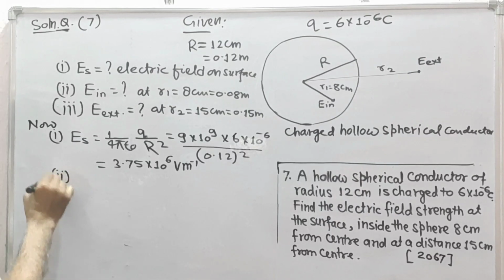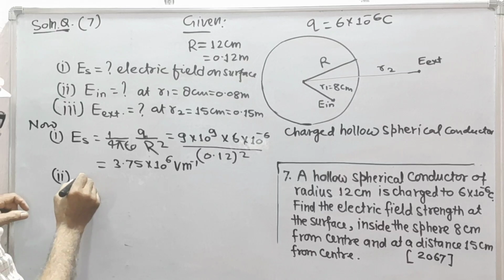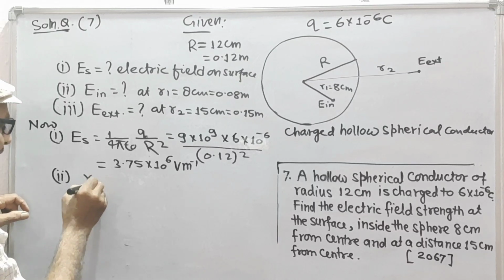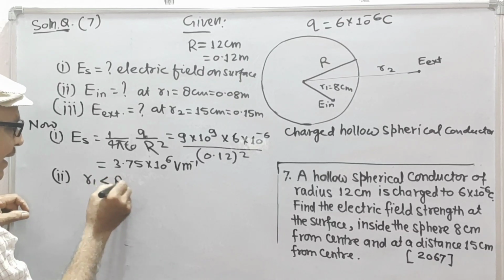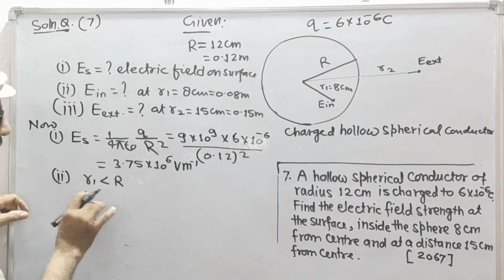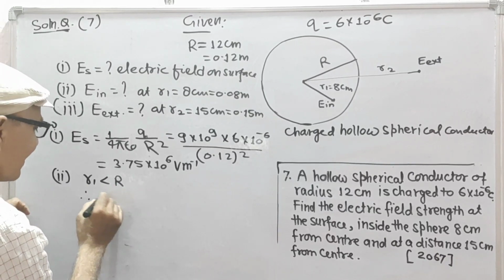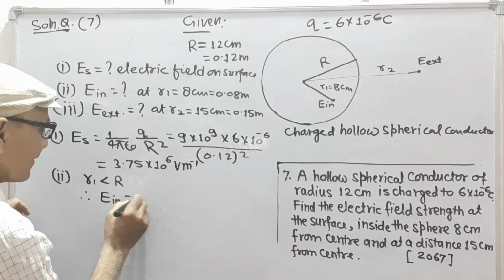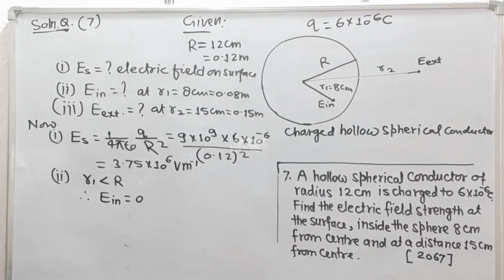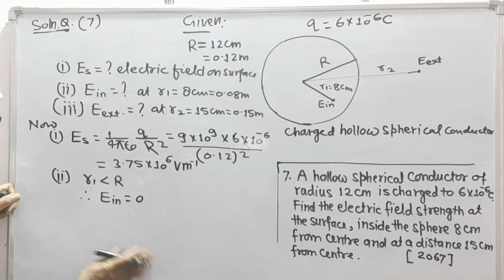Secondly, because R1 is less than R, therefore E internal will be 0, because the electric intensity inside a charged hollow conductor is always 0.